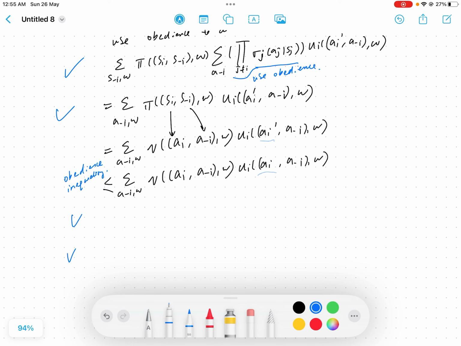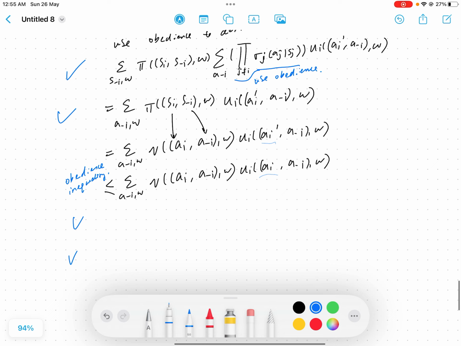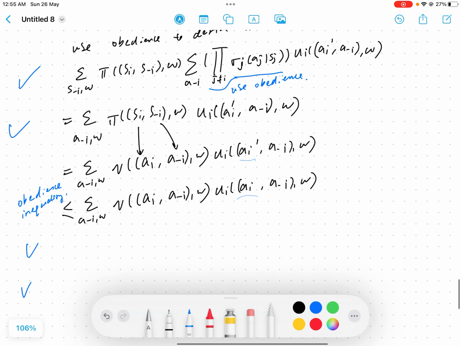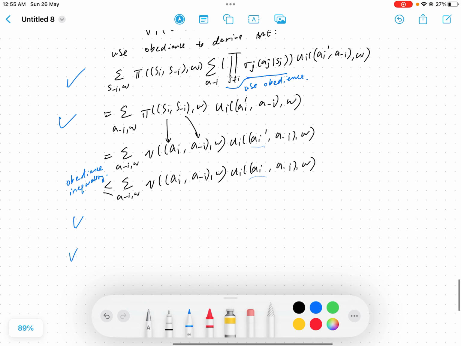So actually, we can skip some of those parts, and basically just write those, which makes this clearer.